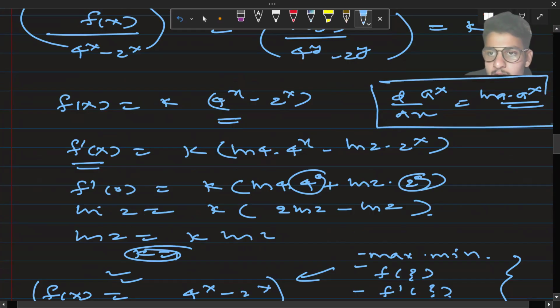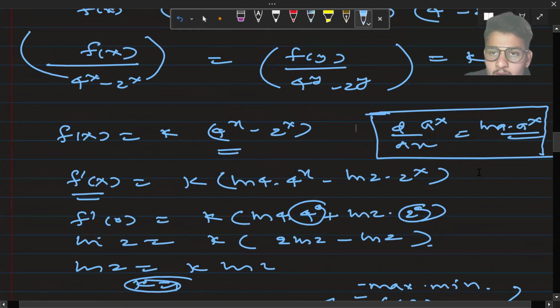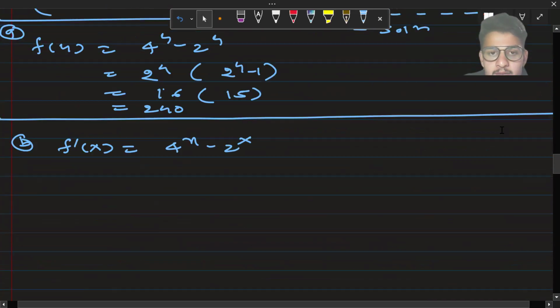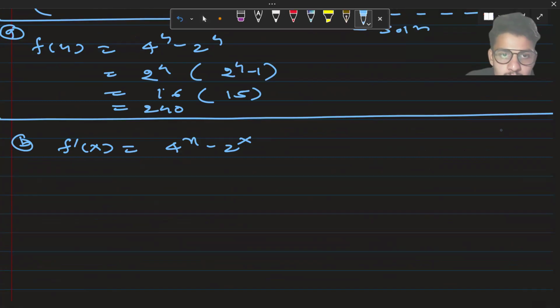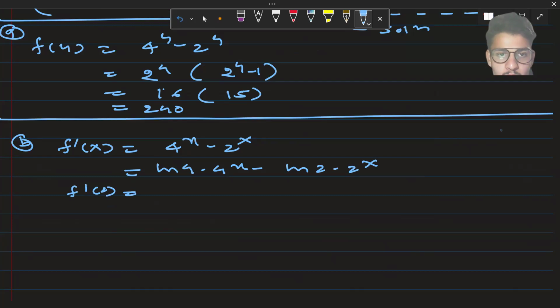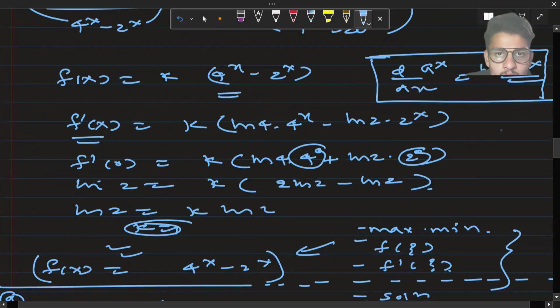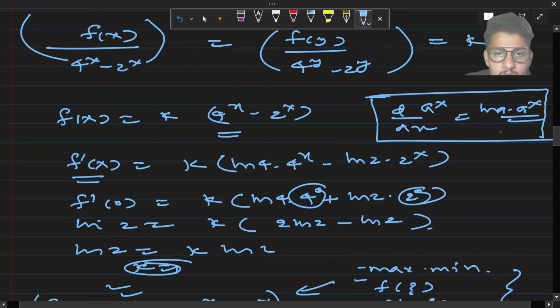So when you do the rough work, please try to do it in a neat manner, so that you can use the previous values. Here ln a into a to the power x is the differentiation of a to the power x. So you will do this here, and we want to find the value at 2, f dash of 2.